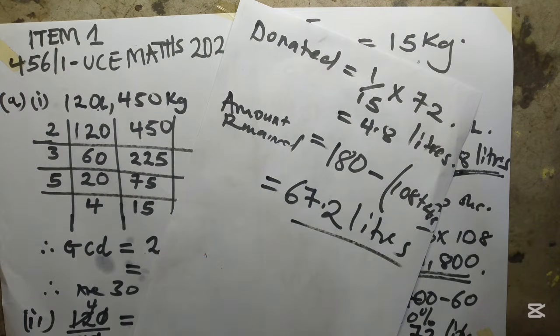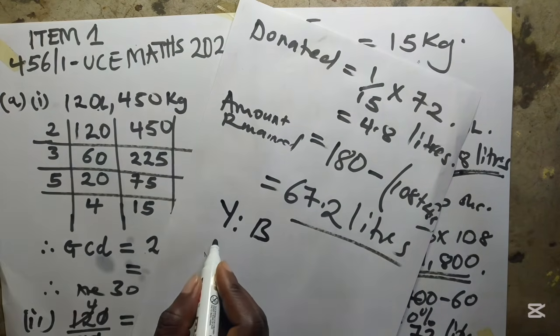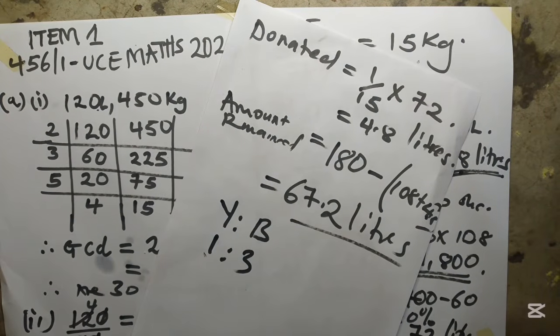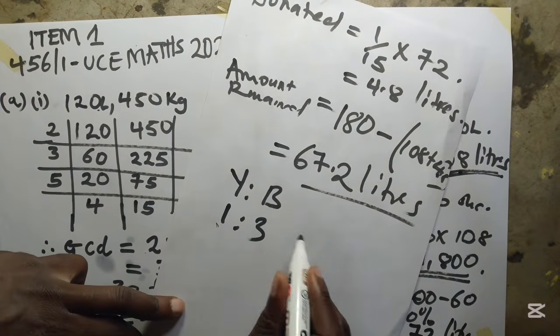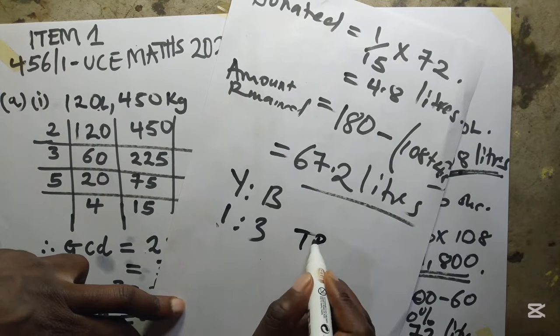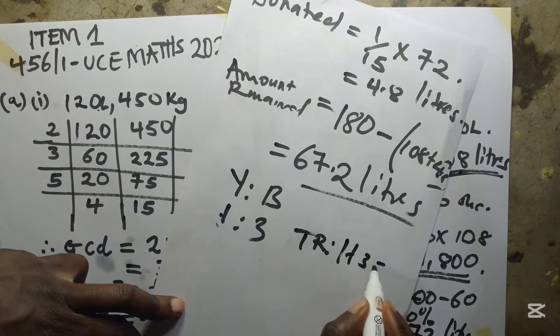Then we are given a ratio that this milk was used to make yogurt and butter in the ratio of 1:3. So Joseph has a challenge of determining the amount of milk he should use to make butter. Now these are ratios. When you see ratios, you have to first get the total ratio, which will be 1 plus 3, and then you get 4.